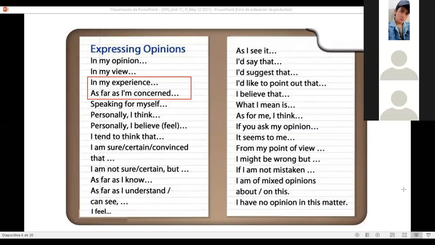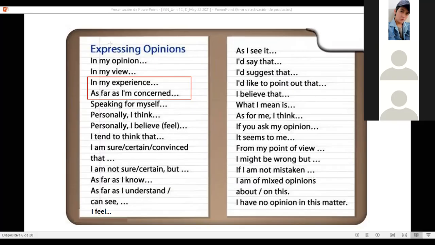Erika, can you help me reading these two ones, please? In my experience, as far as I am concerned. Exactly. Sí, en mi experiencia, cuando nosotros queremos dar nuestra opinión desde nuestra experiencia, podemos utilizar, miren, in my experience, or you can use also as far as I'm concerned.